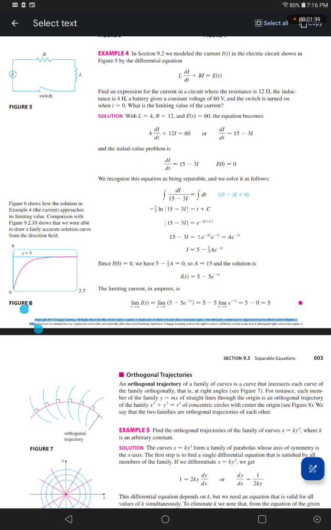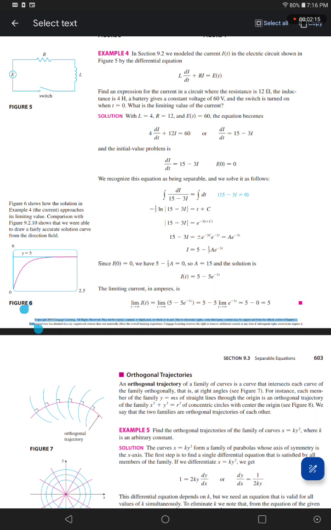We recognize this equation as being separable, and we solve it as follows. The integral of dI over 15 - 3I equals the integral of dt, where 15 - 3I does not equal 0.